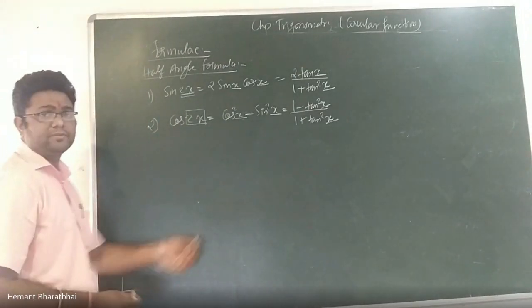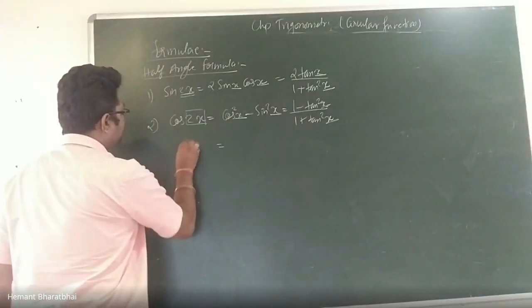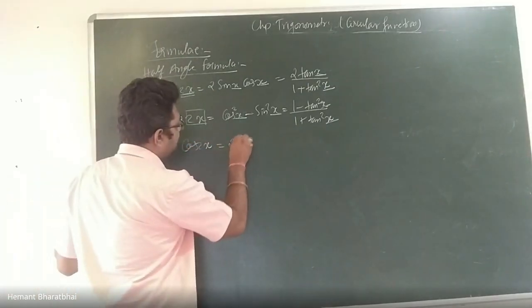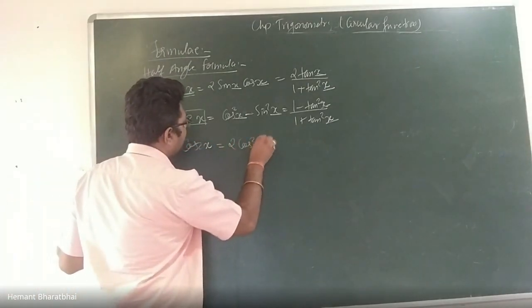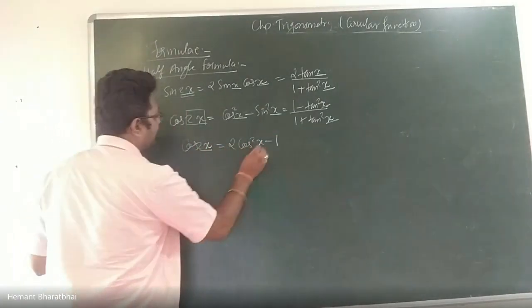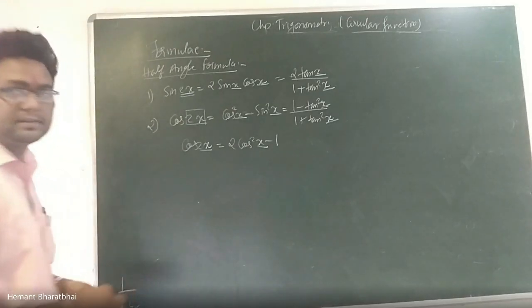Apart from that, cos 2x can also be written as 2 cos square x minus 1. Again you can see 2x has become x.